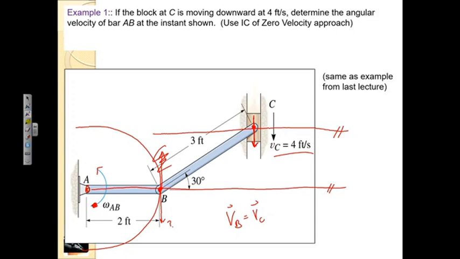If I want to find my instantaneous center for this thing, imagine this is a channel, follow our rules here. I draw a line perpendicular to B. That one's pretty easy to draw because I have A pinned. A line going through C and perpendicular.